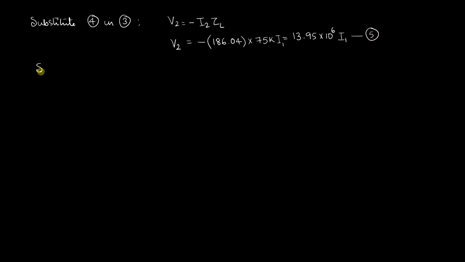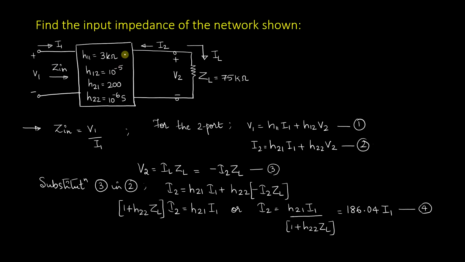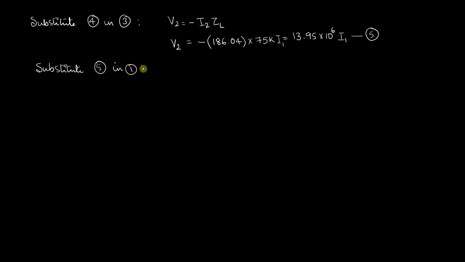So substitute this value of V2 in the first equation, because you want to compute V1 by I1, since our input impedance is V1 by I1. Substituting in equation 1, you have V1 equal to H11 I1 plus H12, there is a negative sign here, minus of 13.95 into 10 to the power 6 I1.